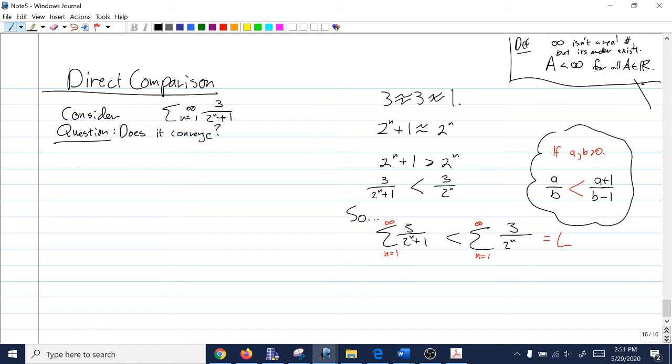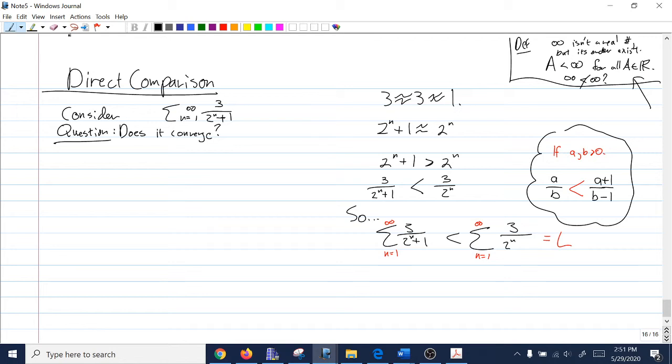You're not talking about real numbers now, so you need to explicitly say, hey, infinity isn't a thing you're allowed to add or subtract or multiply, but it's bigger than every real number. I am allowed to write less than infinity, and that means something. And in particular, infinity is not less than infinity. When I say you are less than L, yeah, you're less than a finite thing, you're not infinite. And part of that reasoning is all these terms are positive. There's no chance of anything going to negative infinity. Either it's finite or it's positive infinity are the only options for when you're adding up positive numbers.